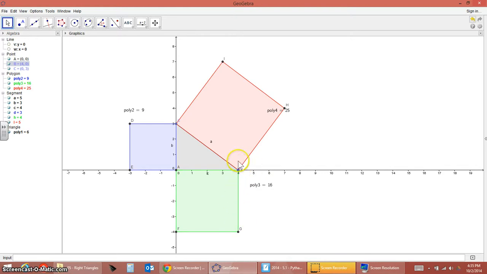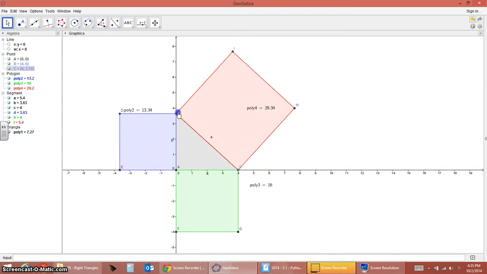Now what's interesting about that is the area of the red square is given to us right here, 25. Well, when you think about it, what times what is 25? 5, okay. Then that means the length of this side right here is 5. So I have a 3 side, a 4 side, and a 5 side. And I did all of that just using squares built off of this triangle.